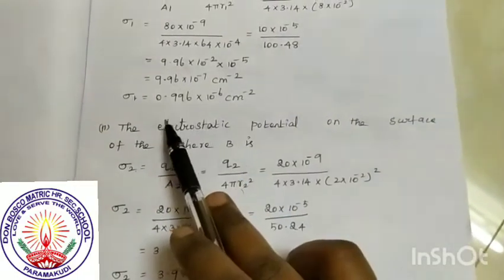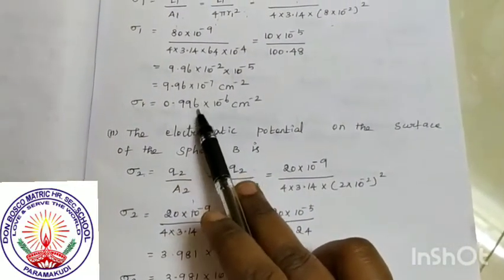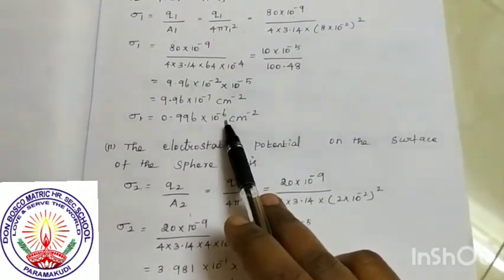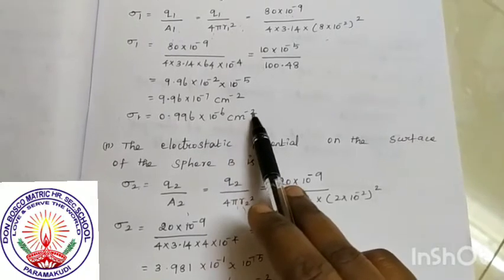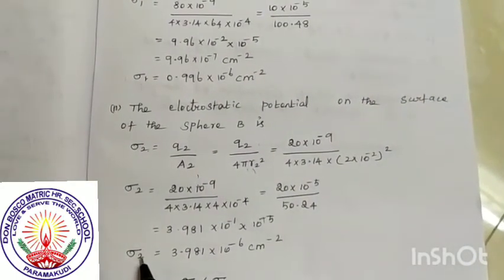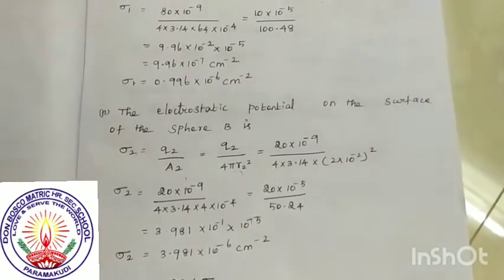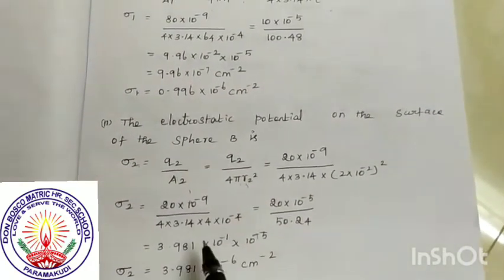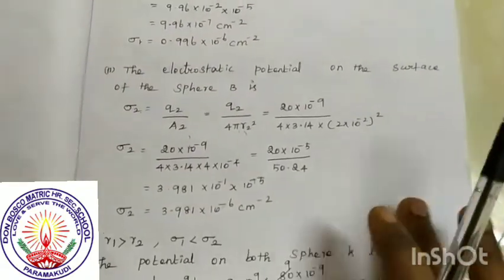So the first sphere's sigma 1 value is 0.996 into 10 to the power minus 6 coulomb meter minus 2, and the surface charge density of the second sphere is 3.981 into 10 to the power minus 6 coulomb meter minus 2.